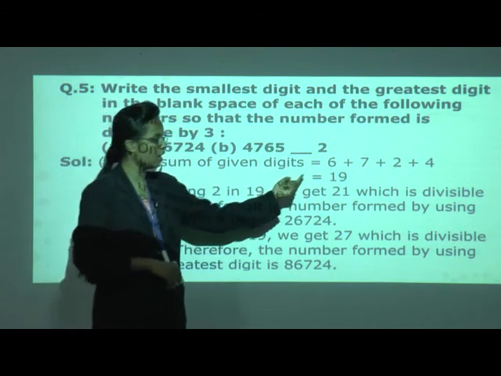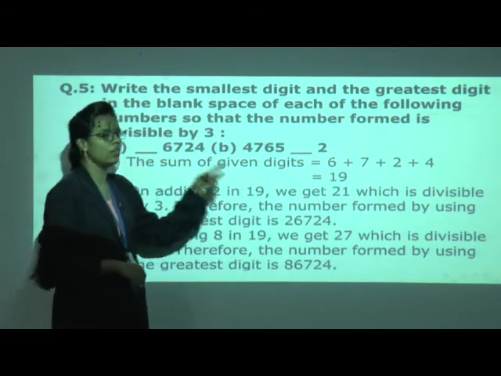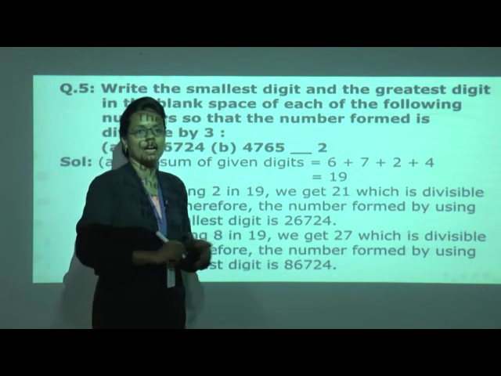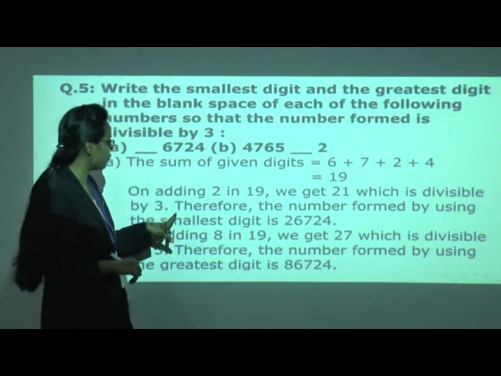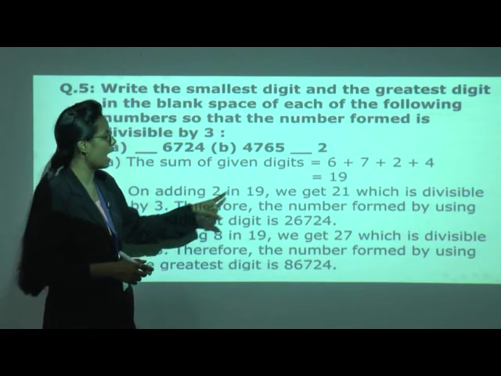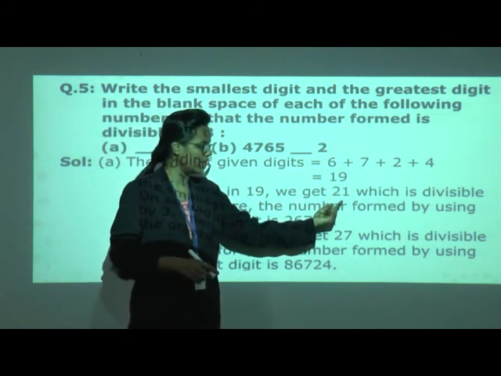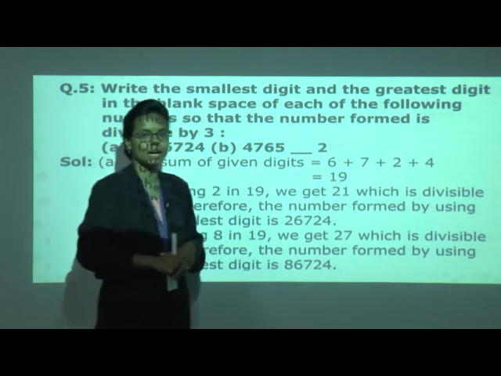If we add 2 to 19, we get 21, which is divisible by 3.